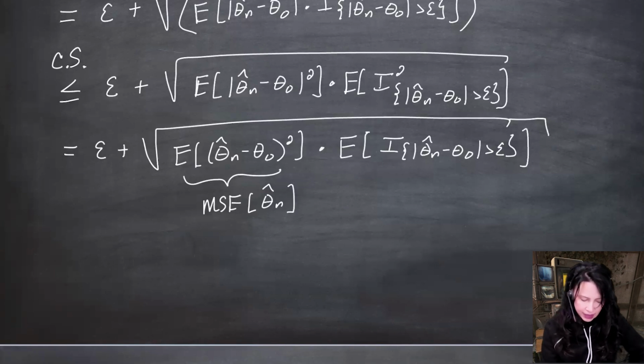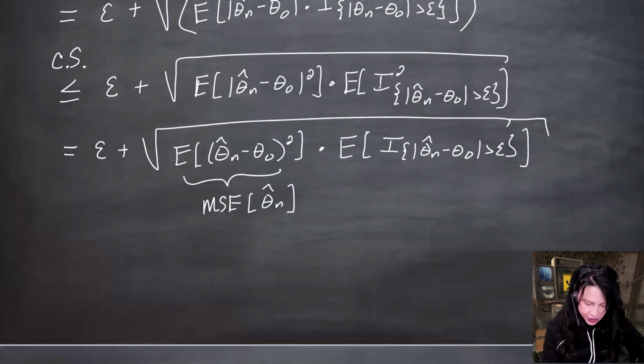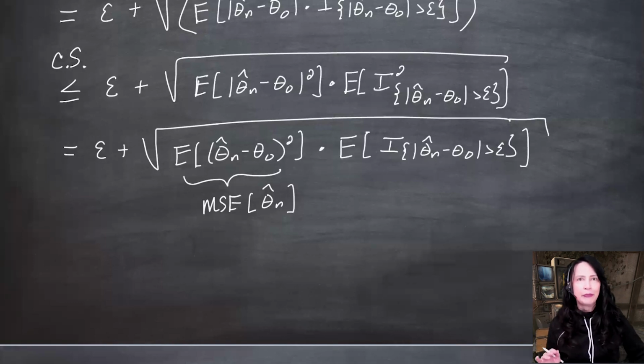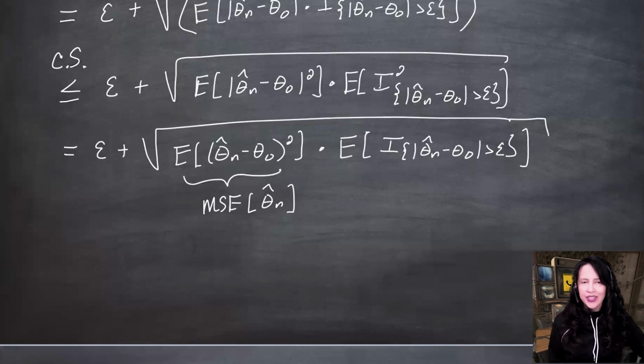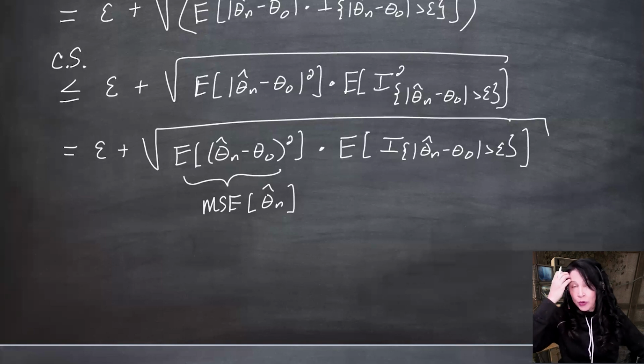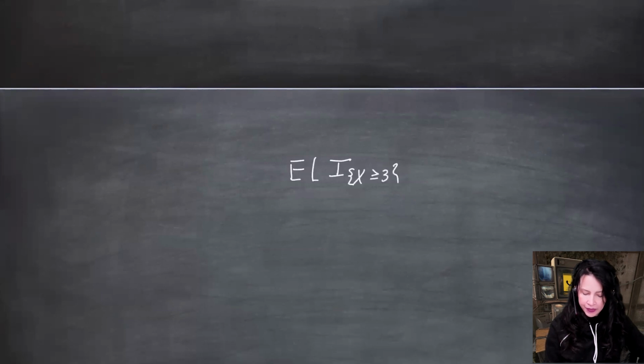But first, let's look at this expectation. I'm pretty sure we've done the expected value of an indicator. It always ends up being the probability of the thing being indicated. A quick aside with something simpler looking, the expected value of the indicator that says that x is greater than or equal to 3.